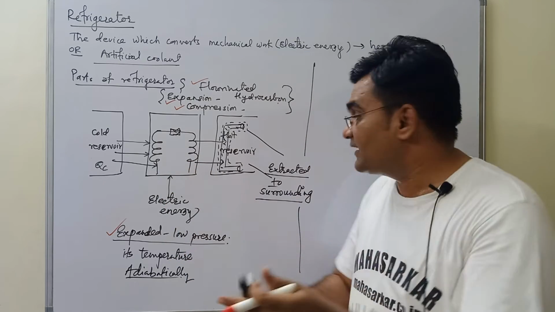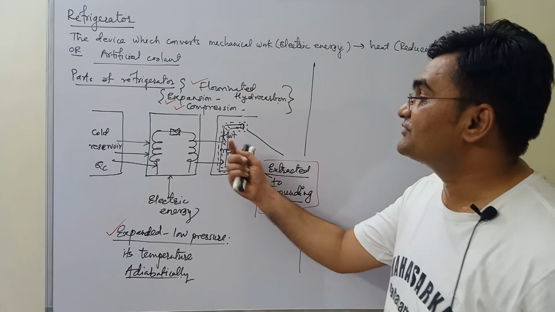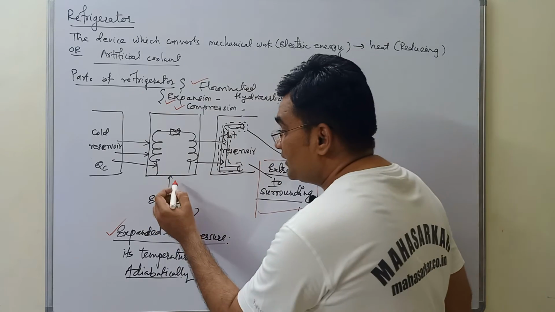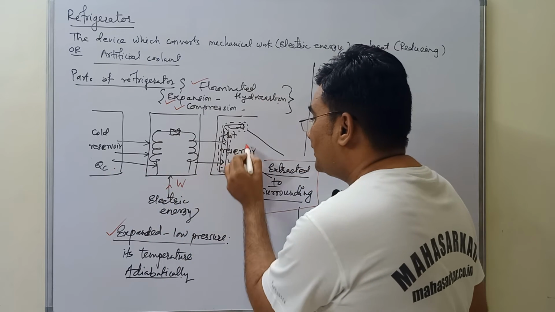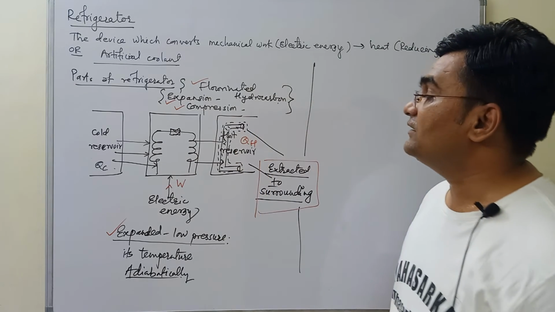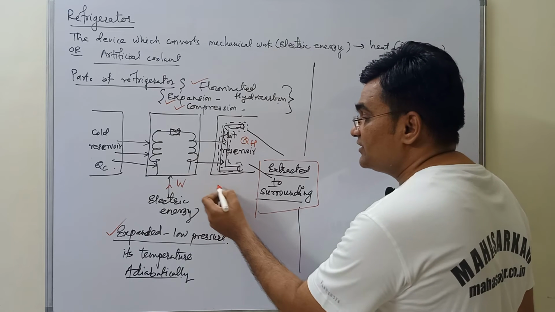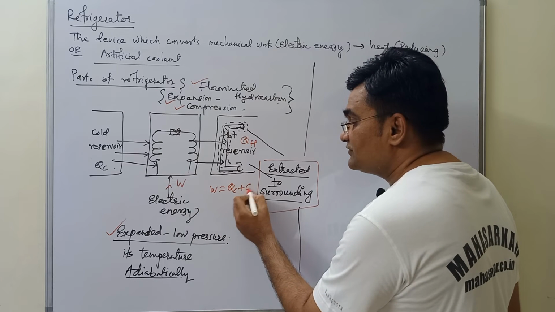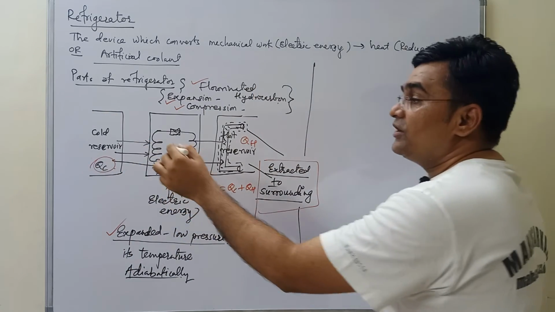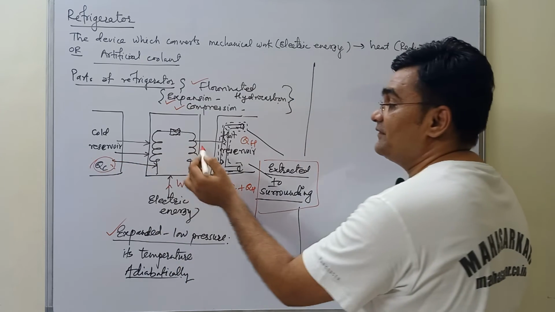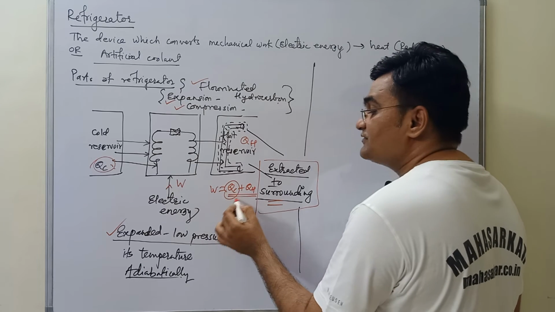The compressor compresses that gas and it liquefies, and because of that liquefaction the heat is extracted into the surrounding. So if W is the work done by the electric energy, QC is the heat from the cold reservoir, and QH is the heat at the hot reservoir, then the heat extracted at the hot reservoir is QH equal to W plus QC. The heat which was present in the cold reservoir is also extracted. So the heat extracted in the surrounding is the heat of the hot reservoir, which includes the heat of the cold reservoir.